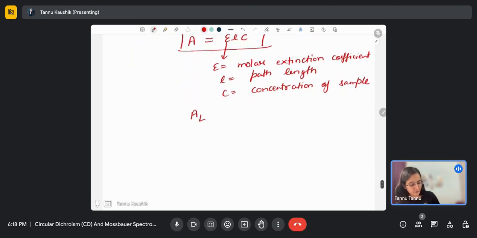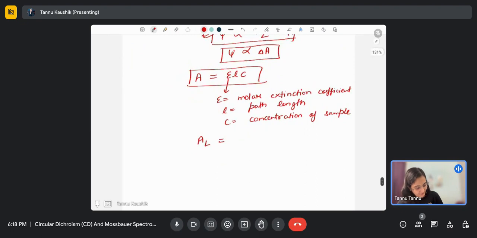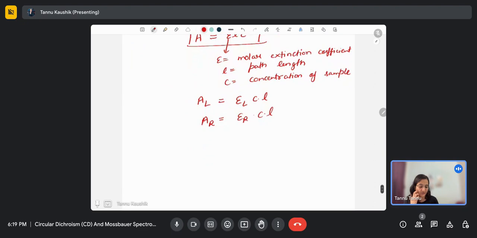So, if the resultant absorbance for the left hand circularly polarized light is epsilon L C L, because the sample concentration and path length in the sample holder will be the same, therefore these are the resultant absorbance we get.